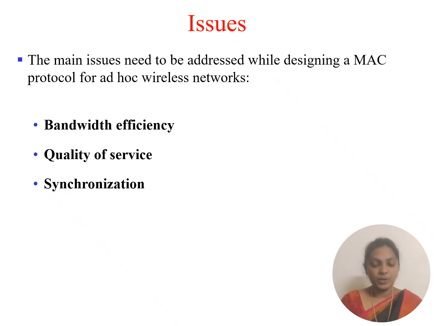Even after the possibility of interference, how can the data be successfully sent to the destination, so that the flow of data is maintained? So that is the second issue to be considered in ad hoc wireless networks.